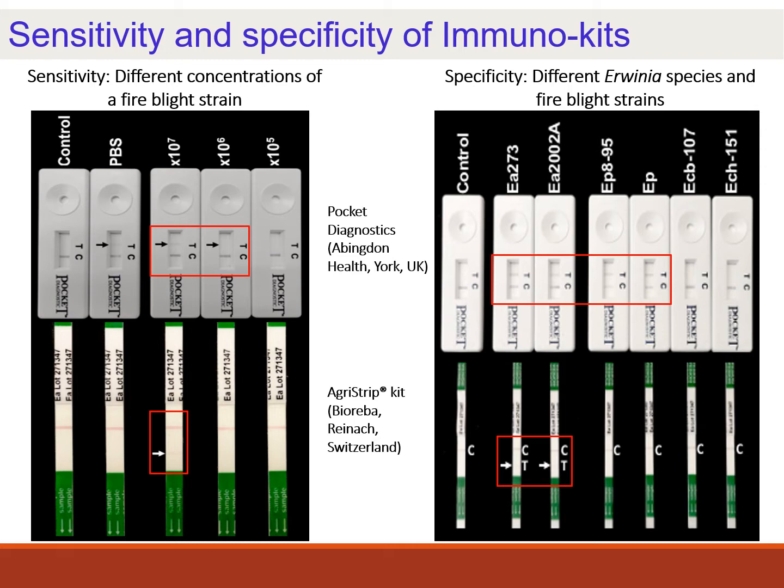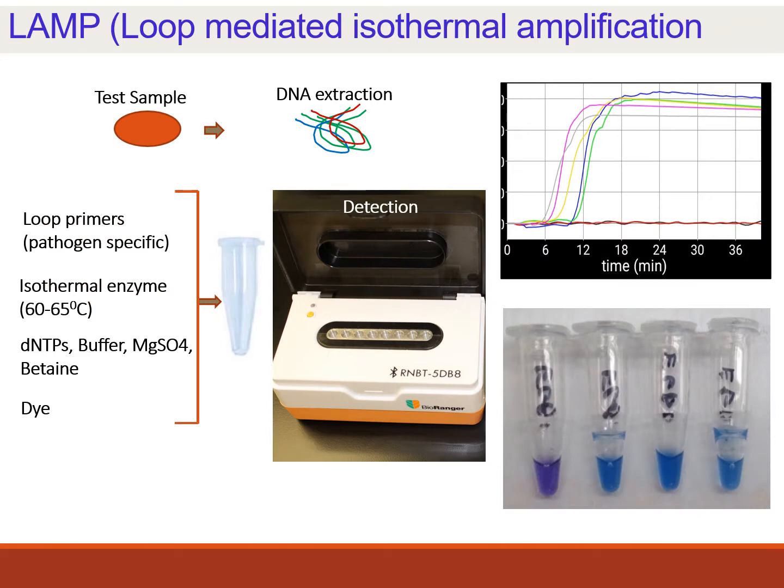Specificity of AgriStrip was better than Pocket Diagnostic. Pocket Diagnostic Kit was able to detect a positive signal in Erwinia species which are not responsible to cause fire blight.